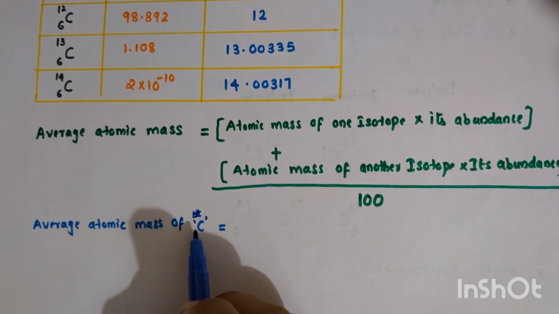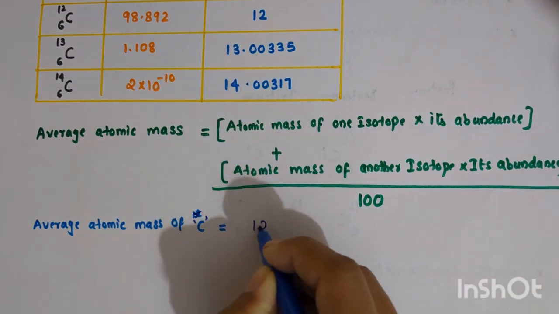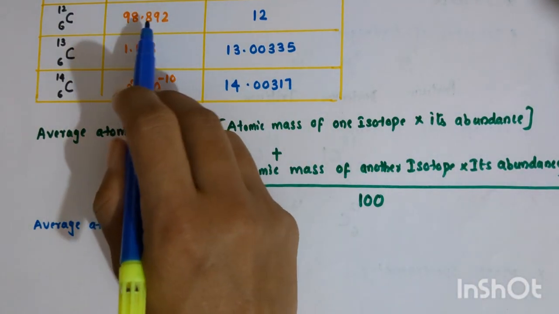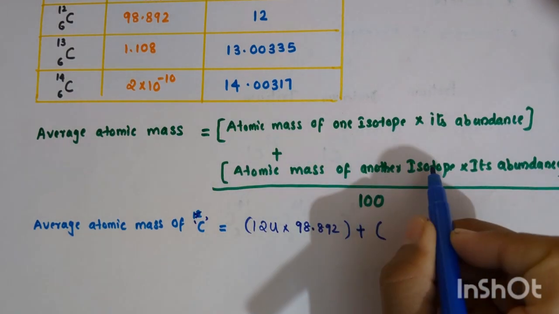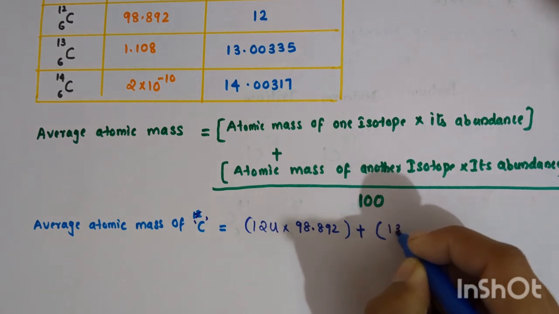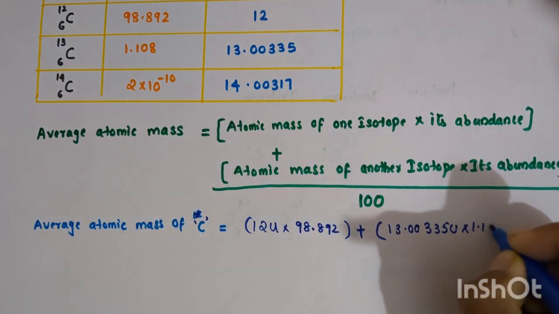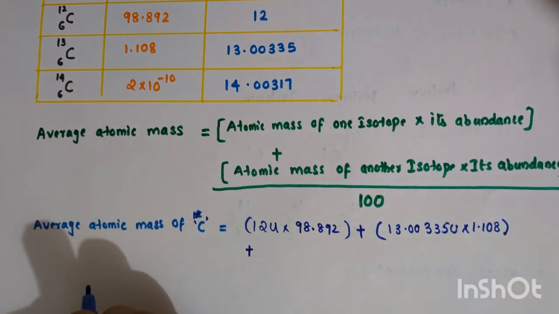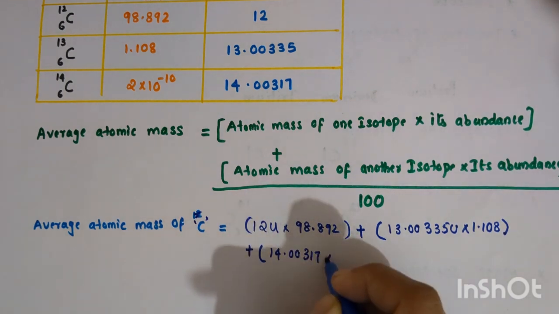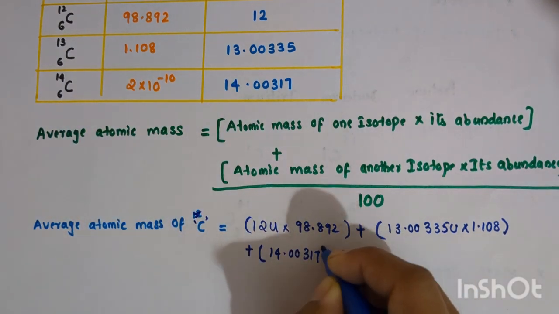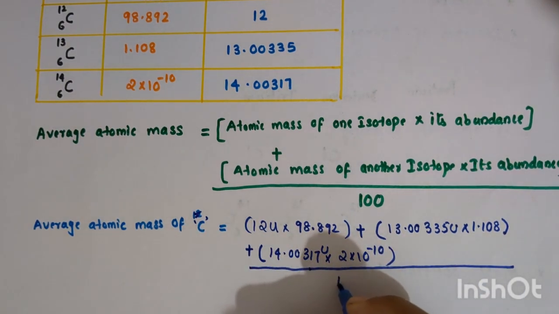The average atomic mass of carbon is equal to the atomic mass of one isotope, C-12, which has atomic mass 12 u, times its abundance, 98.892%, plus the atomic mass of another isotope, C-13, which is 13.00335 u, times its abundance, 1.108, plus the atomic mass of the third isotope, 14.00317 u, times its abundance, 2 times 10 raised to minus 10, whole divided by 100.